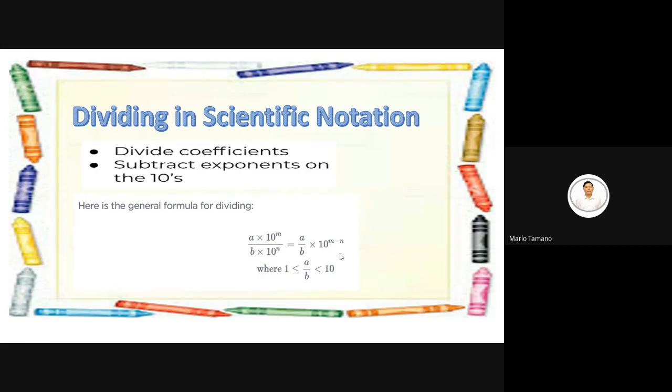Dito naman sa division, subtraction pagdating sa exponents. Okay? So sabi niya dyan, where 1 is less than or equal to a over b, but less than 10. Yung fraction natin na a over b ay pwedeng greater than 1, pwede rin po siyang equal to 1, but less than 10.